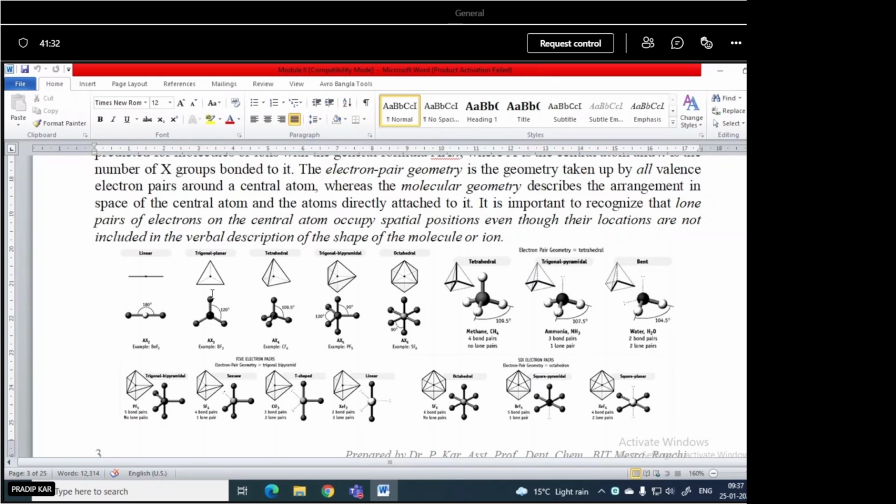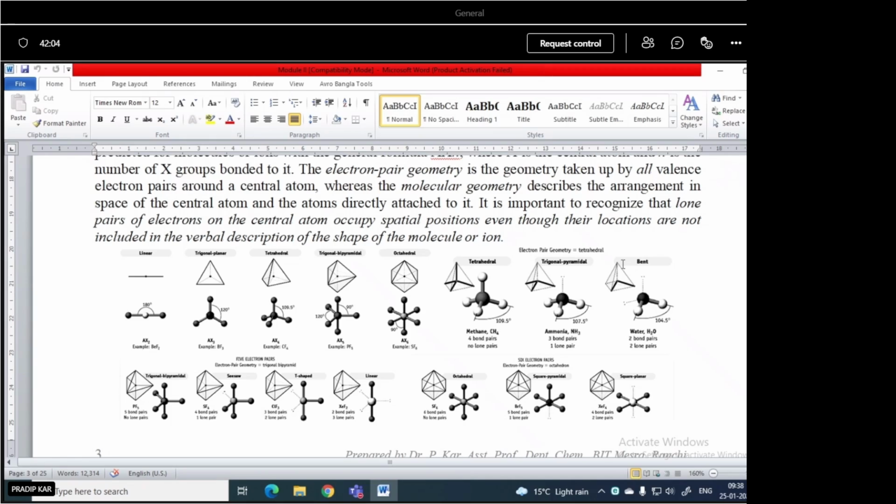Means the angle between the lone pair and bond pair is increasing, whereas the bond pair angle is slightly decreased to have a trigonal pyramidal structure. Similarly, in case of water, 2 lone pairs are present and it has a bent structure of 104 degree 5 minutes because the lone pair repulsion is higher.